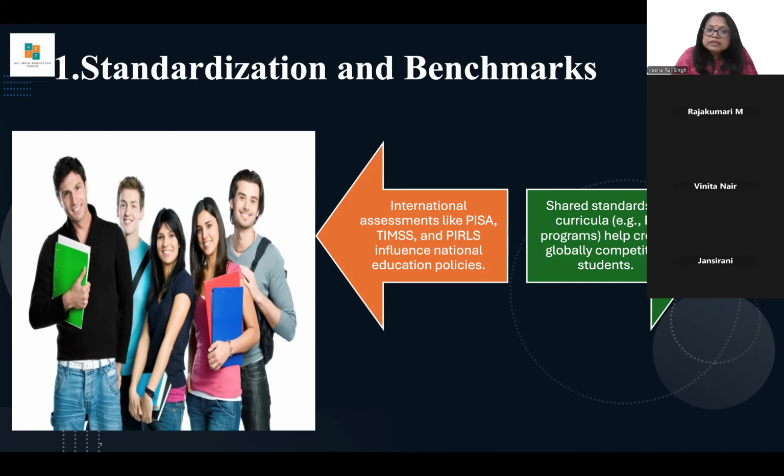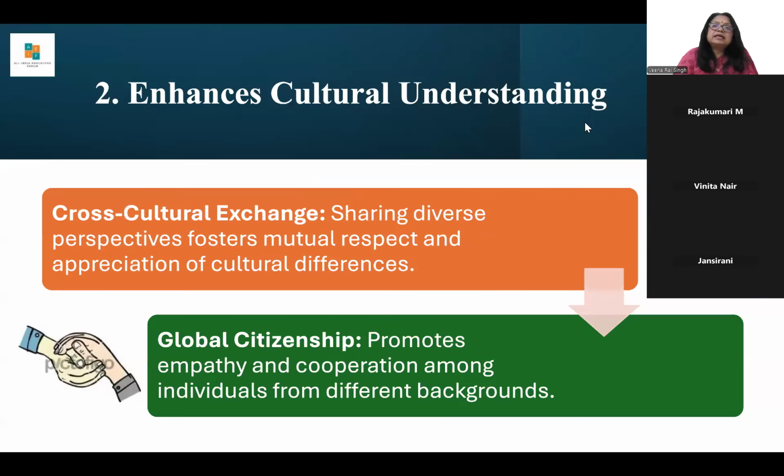No. So obviously, our educational system or policy we need to change accordingly, so that when they go to other universities abroad, they are able to face the exams and come out with flying colors. How can that happen? When we standardize our education system. So that's very important.